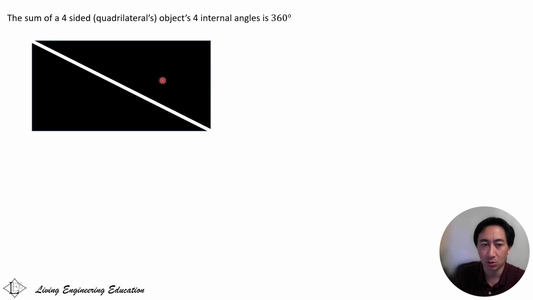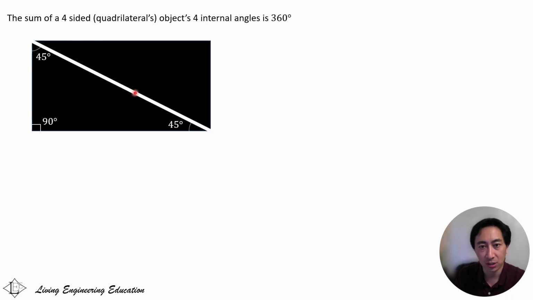This is a rectangle, so I know each of the internal angles of the rectangle is 90 degrees. So when I split it down the middle, this is 90 degrees, and these are 45 degrees, 90 divided by 2. So it does make sense that for each of these triangles, the sum of the internal angles is 180 degrees. So 360 divided by 2.